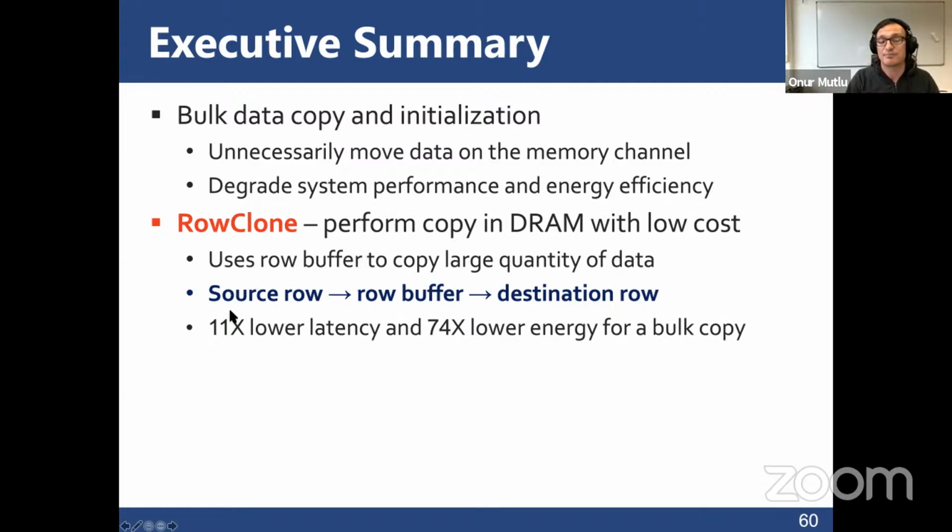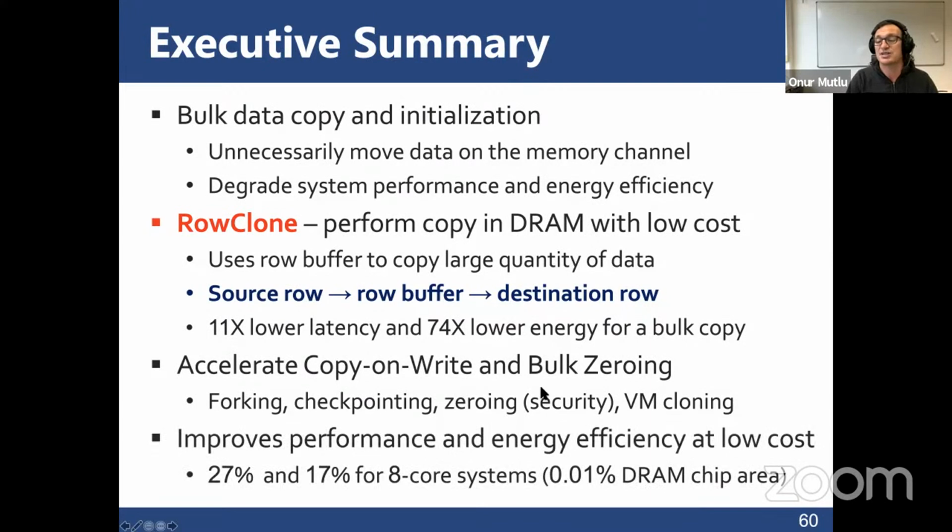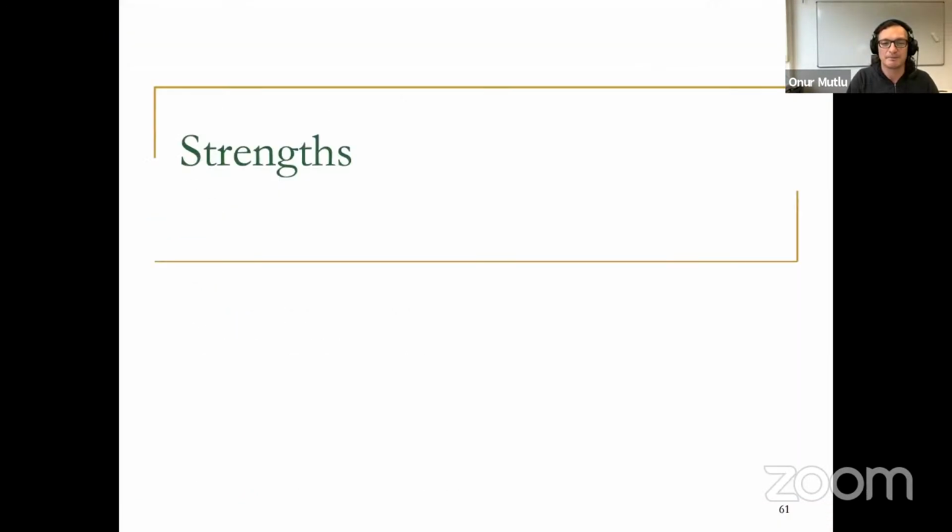And in the best mechanism, it leads to significant latency and energy improvements for 4 kilobyte bulk data copy. And the paper shows that at the application level, you can accelerate copy on write and bulk zeroing with significant performance and energy efficiency improvements with little overhead in DRAM chip area. And the paper touches on a lot of issues related to RowClone, as I have discussed, but there are more issues discussed in the paper than I have time for.